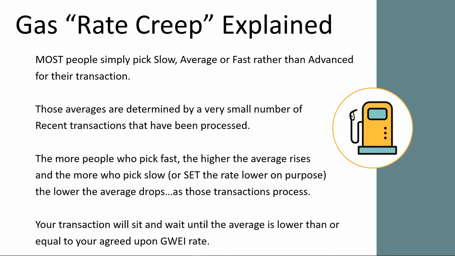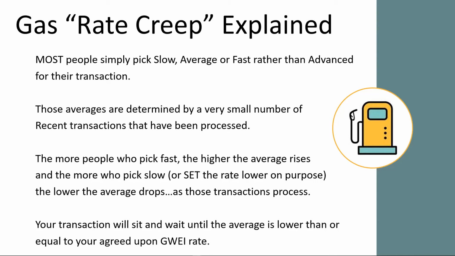So until those lower cost transactions process, the average or the going rate, the rate that's reported on gas trackers or on Etherscan, those are going to be based upon transactions that have actually processed, not the transactions that are in the queue.